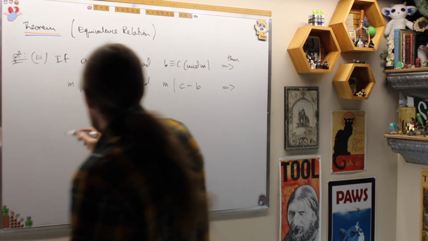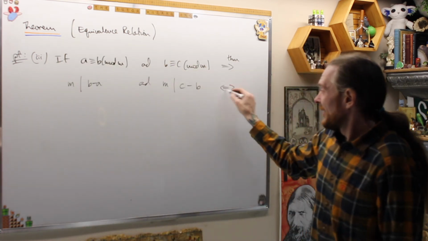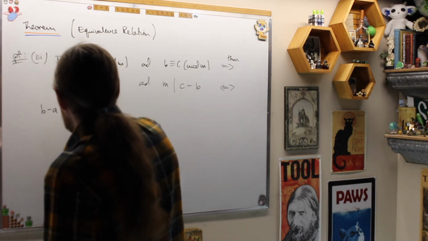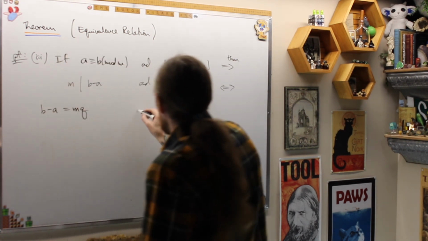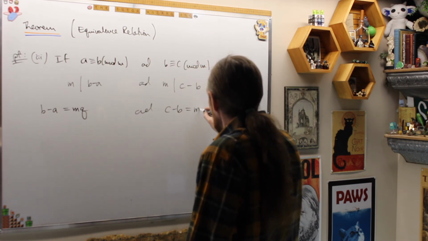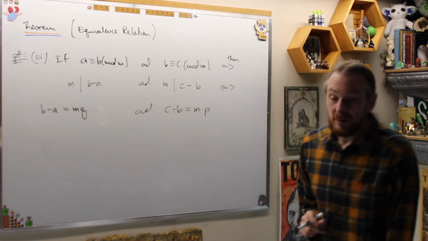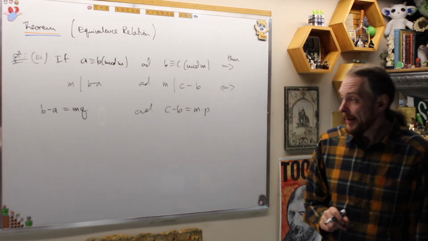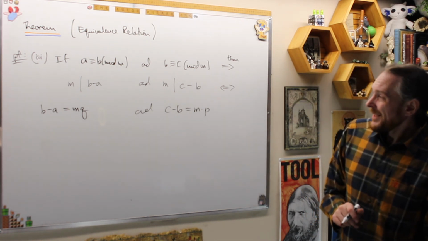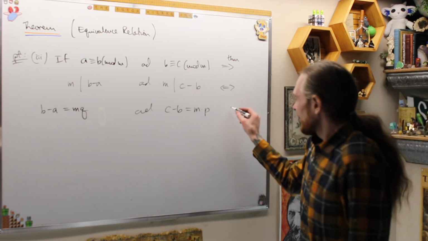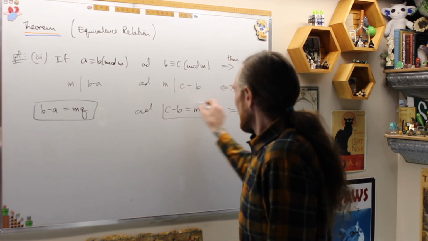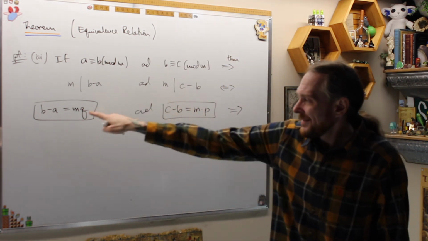And that says from the equality connection, we know that B minus A is equal to M times Q and C minus B is equal to M times P, say, for integers P and Q. Then what we want to look at is C minus A. So cleverly from these two pieces of information, I'm going to do this thing plus this thing.